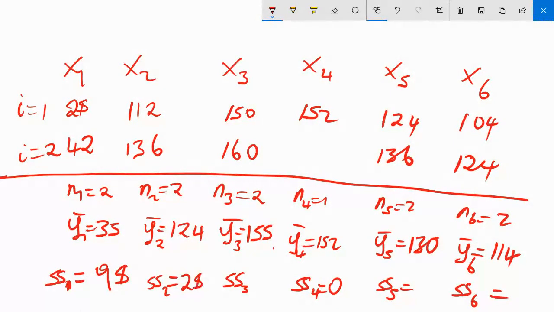288. Then the third one? 50. Then the fifth one? 72.